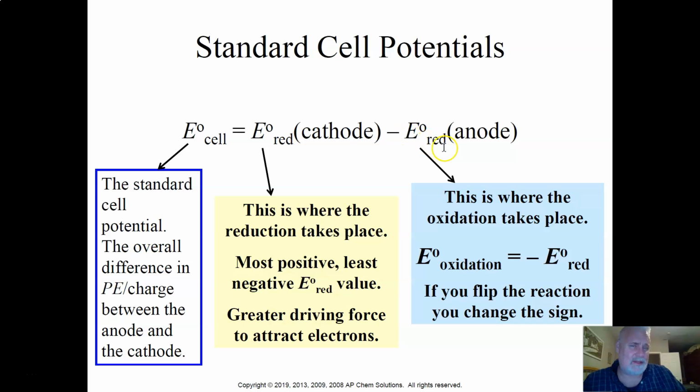That's kind of strange, because you're like, wait a minute, reduction at the anode? Well, that's because of the thing that we had talked about, that they're always reduction potentials. So if we were going to do a reduction at the anode, we'd have to flip the sign of it, and that's what this is showing right here.